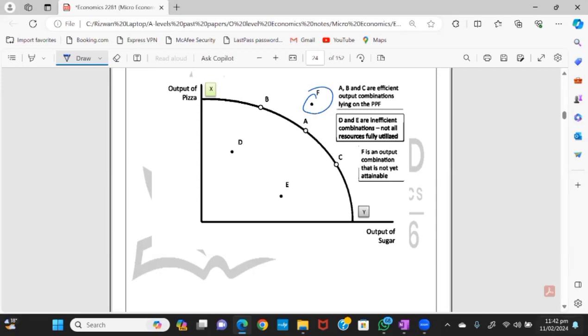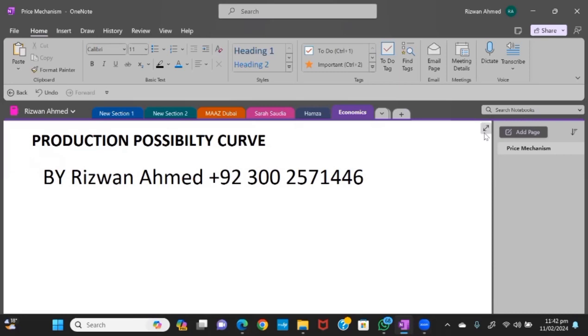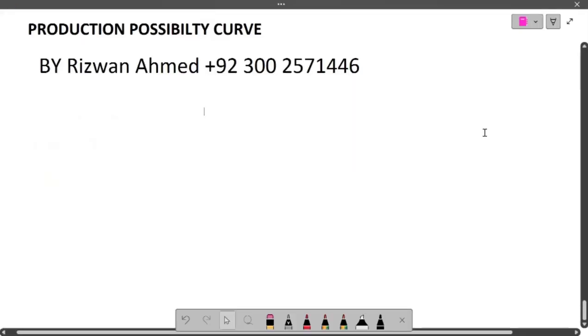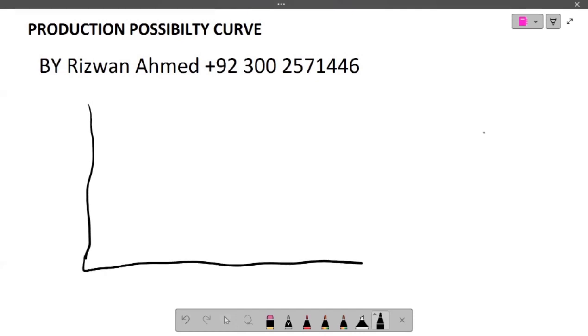For this, we have a practical example from Pakistan, around 1997 or 1998, when a bigger firm, the Pepsi company, decided to produce two goods. The first one is Pepsi Cola and the other one is Aquafina.